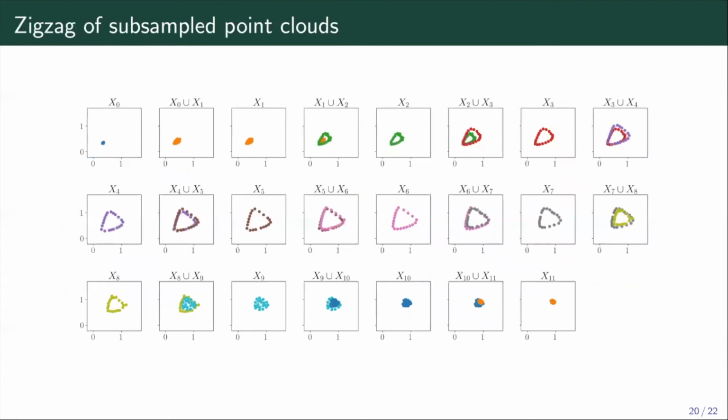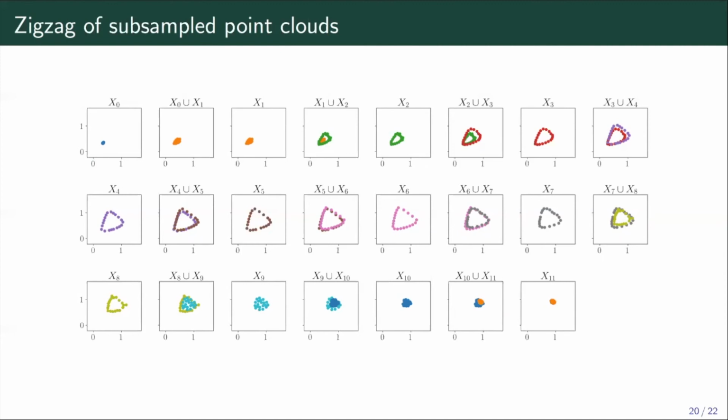So again, we're setting up our zigzag of these point clouds, except in this case, we're going to subsample because the point clouds shown previously are pretty densely populated. So to improve computation time, we're going to only select 20 points from those point clouds, and we're going to do so using a greedy permutation algorithm.